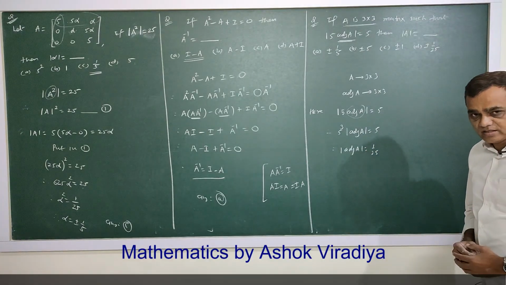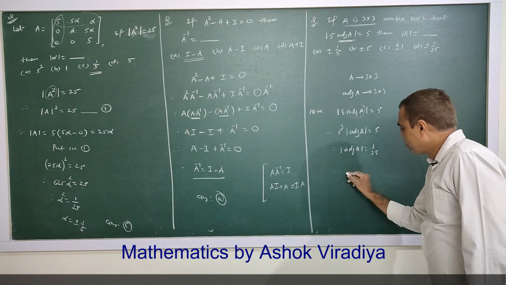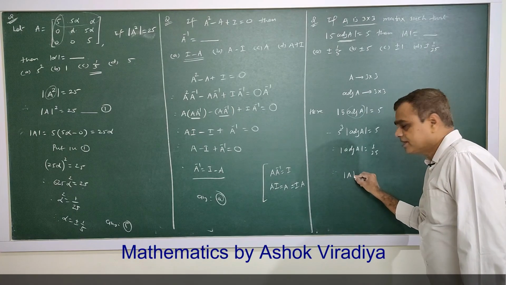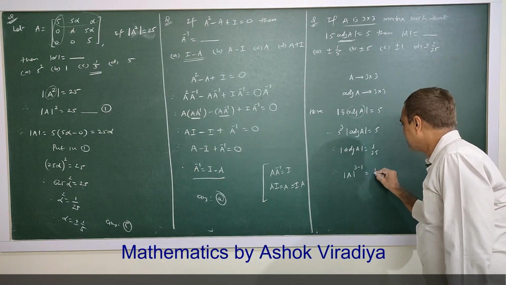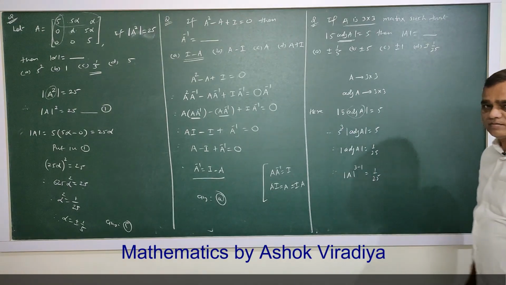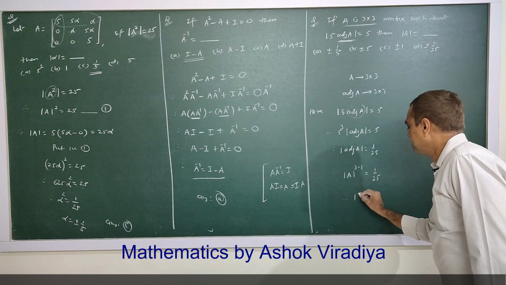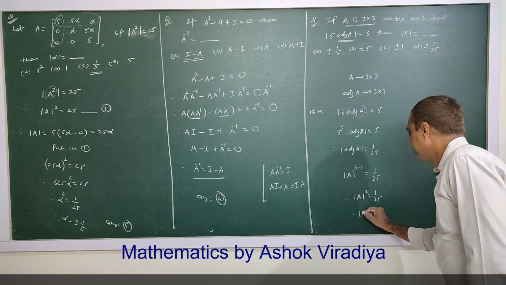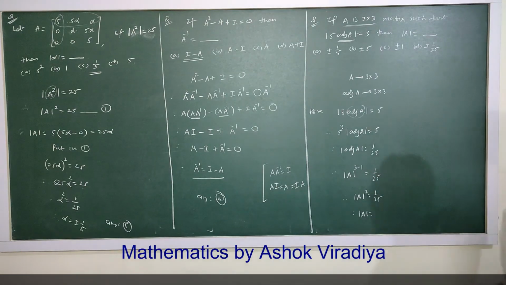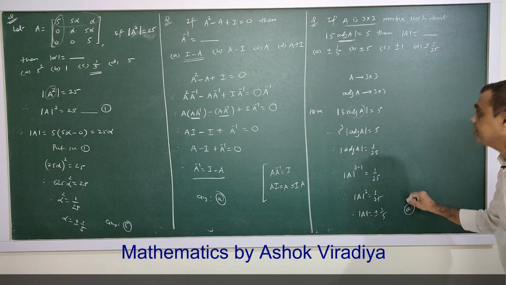Now again we use a property: determinant of adjoint of A is determinant A raised to n minus 1. This is a 3 by 3 matrix, so determinant A square is 1 upon 25. So determinant A is plus minus 1 upon 5. So the answer is A.